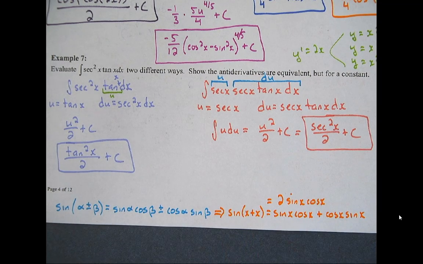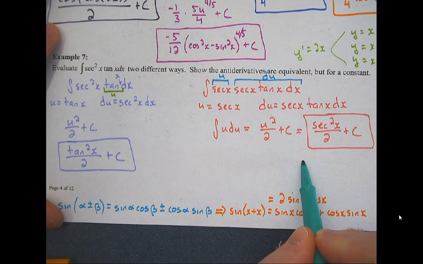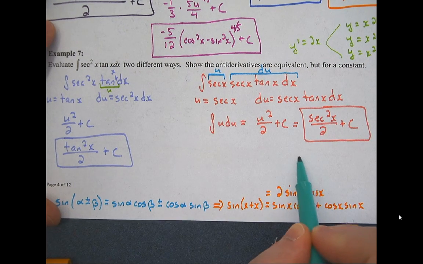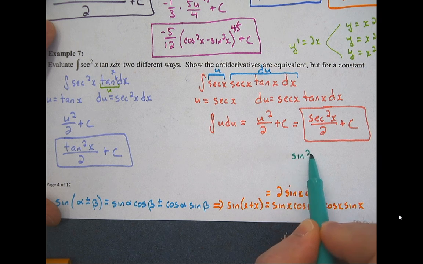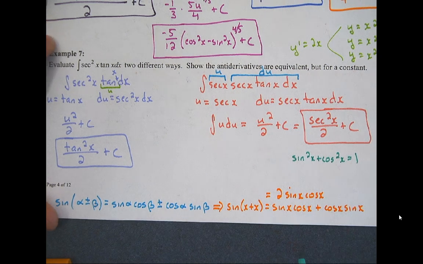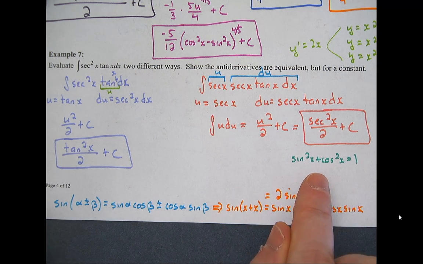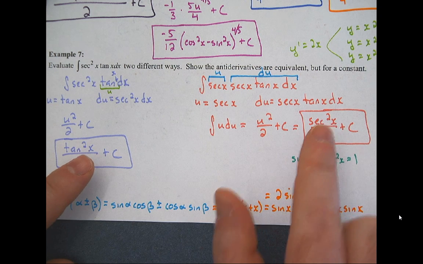If you can't remember what it is, here's how you remember it. Go over to the corner of your paper, write down the one that you know. Everybody should know one of the Pythagorean identities. Which one is it? Sine squared plus cosine squared equals 1. That's the one that I know. Now, if I want to get the other ones, I just think about the one that I want to build, because they all build off of this. I want the one that has tangents and secants in it.